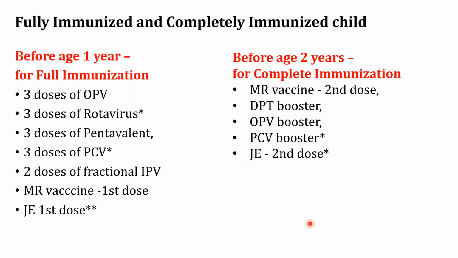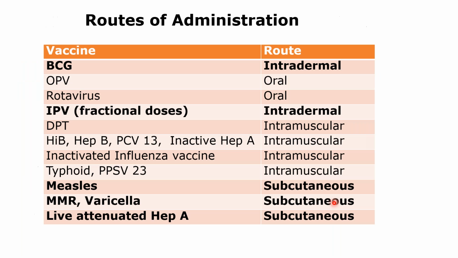And we call it complete immunization if before the age of 2 years the child has received, in addition to the vaccines that we mentioned in the age group before 1 year, along with that the MR vaccine second dose, the DPT booster, OPV booster, the pneumococcal conjugate vaccine booster, and Japanese encephalitis second dose. So if all these have been received, then we say that the child is completely immunized, right?